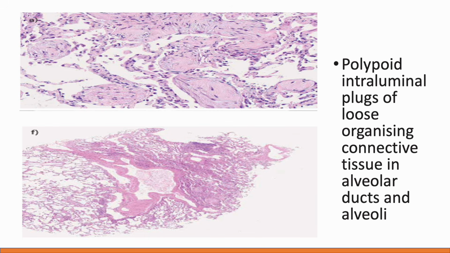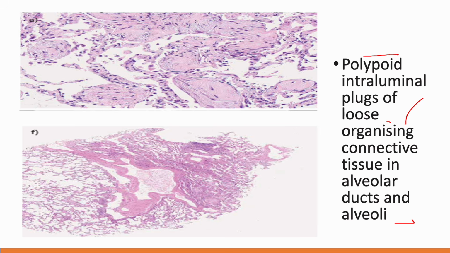When a lung biopsy is done, we see in organizing pneumonia that there are polypoid intraluminal plugs of loose connective tissue inside the alveolar ducts and alveoli. So it's not in the alveolar wall, but in the alveolar duct and alveoli, we see loose connective tissue. And we also see that the presentation is very patchy.